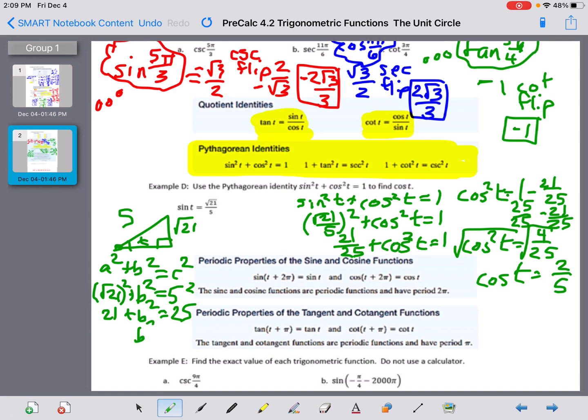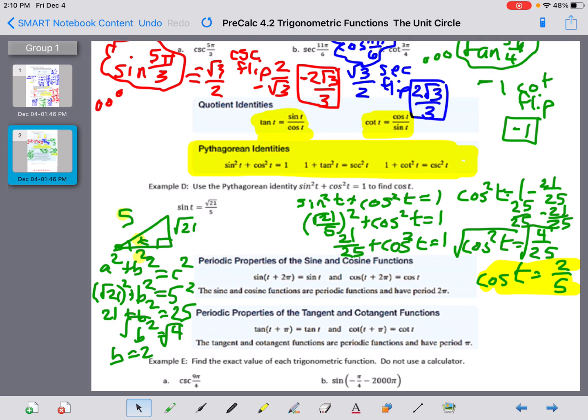Subtract 21, I get b squared equals 4. Take the square root, and I get b equals 2. So my side is 2. Cosine is adjacent over hypotenuse. If I went to my angle t right there and went adjacent, I'd get 2 over 5. Aha, matches what I got over here. So, 2 ways to figure that out.